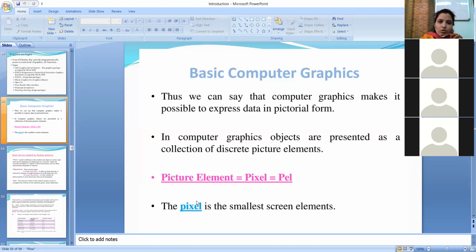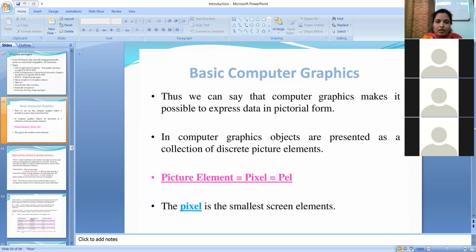Whenever we are running any CG program, that is a computer graphics program, the computer graphics is the representation of the image on the screen, right? Whenever you write any Turbo C or C++ program, you get the output on the output screen.